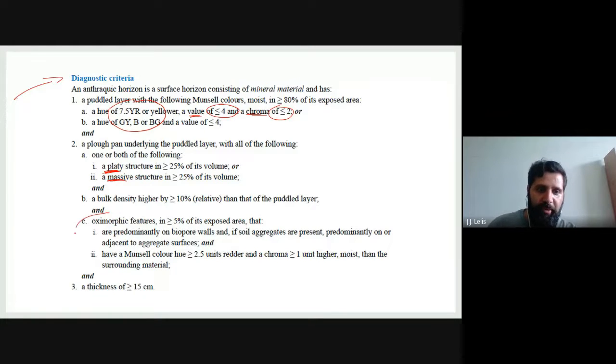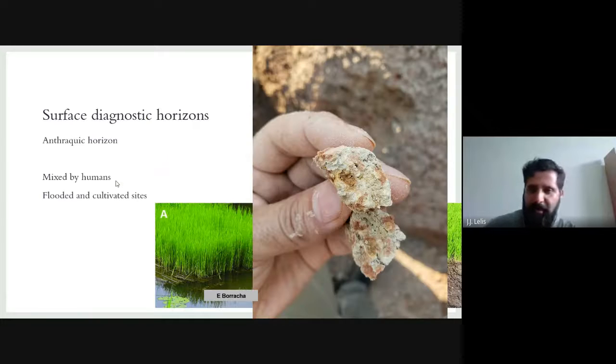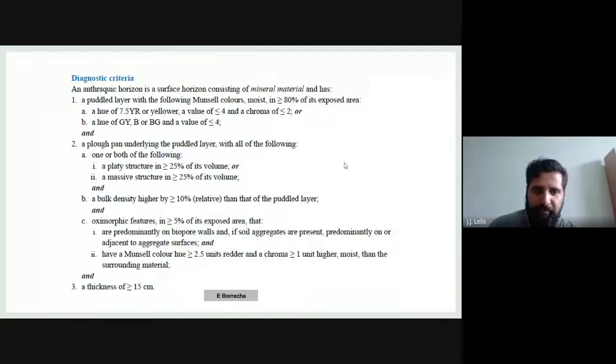They could present the oximorphic features, these red and yellow colors that we can see here, because of the oscillation of the water table, and we can see a thickness of at least 15 centimeters.